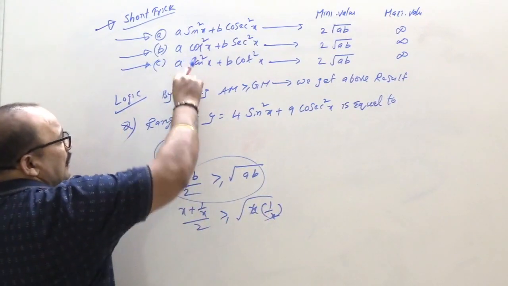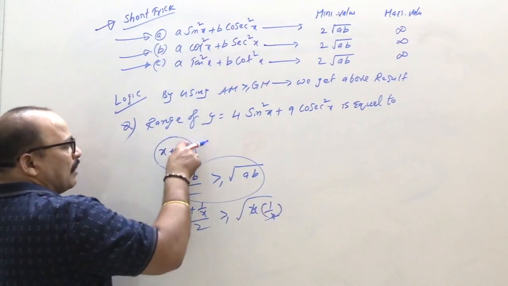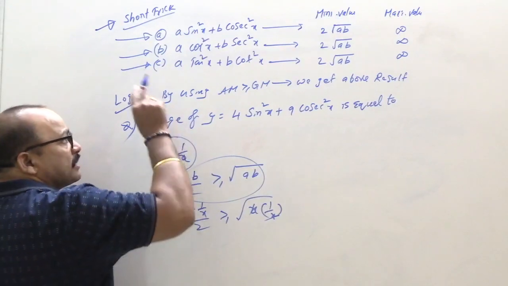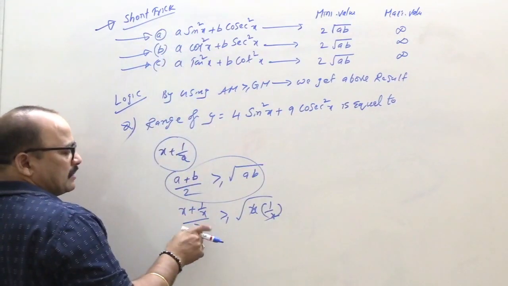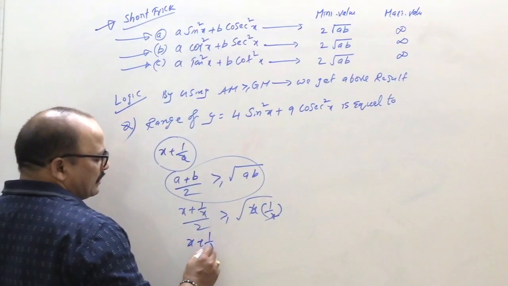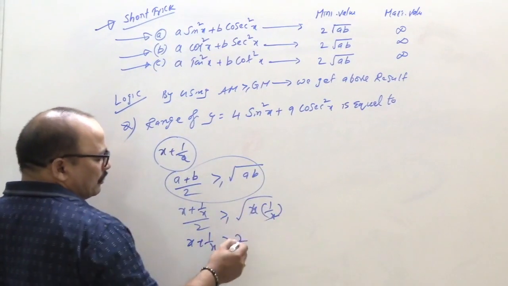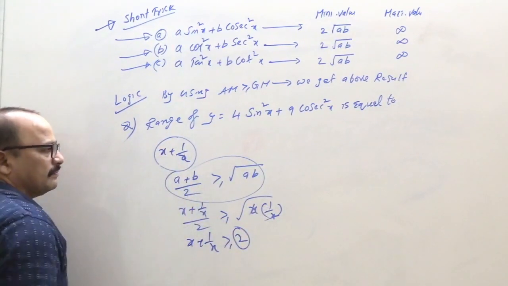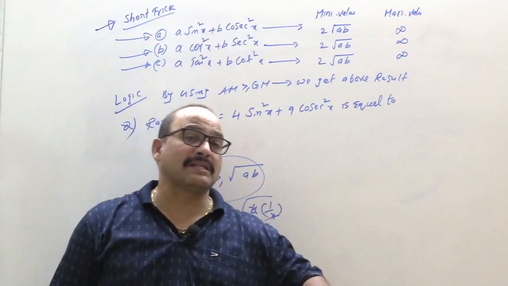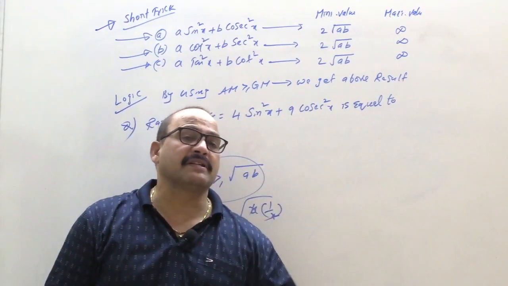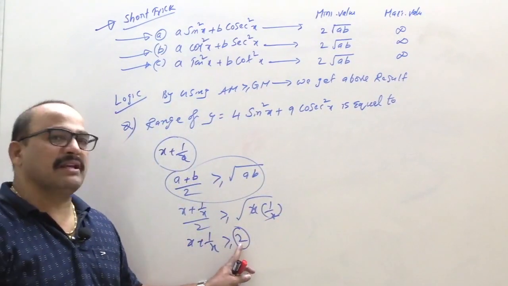When reciprocals are there, x and 1 by x, go like this. So x plus 1 by x is greater than or equal to 2. This is the minimum value of this function. A function plus its reciprocal, the sum has minimum value 2.